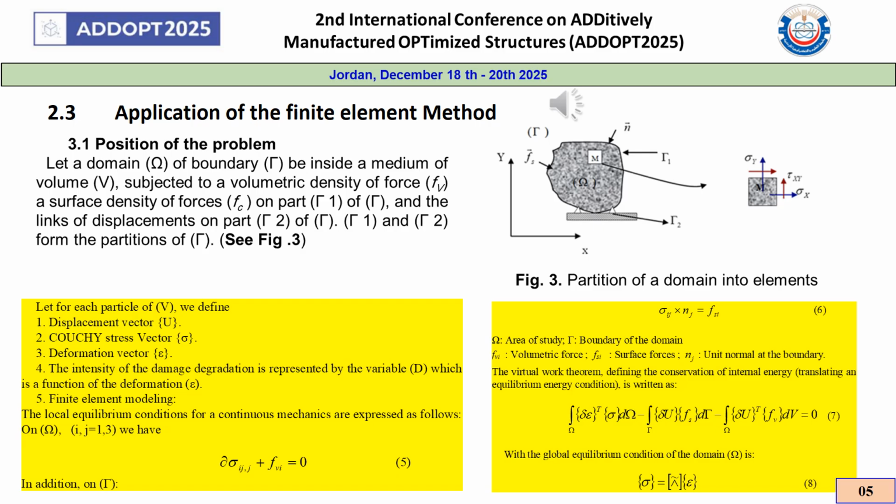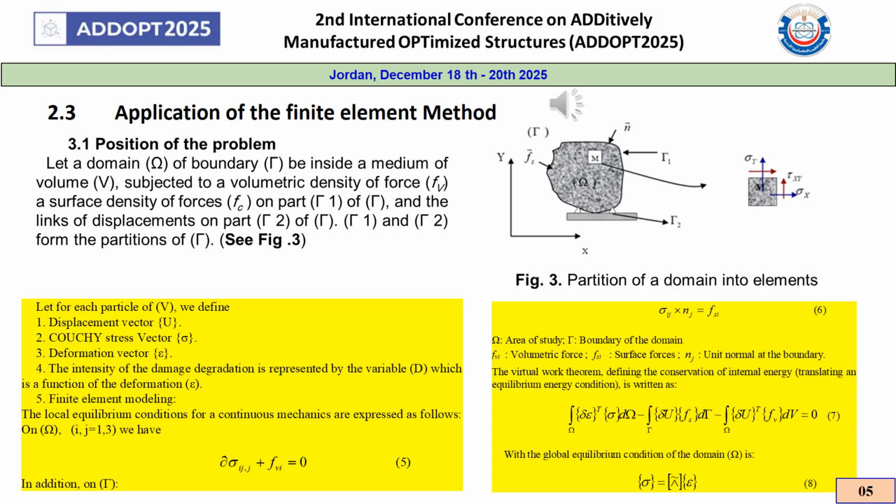In order to apply the finite element method, it is first necessary to perform a geometric discretization or meshing of the structural elements, see figure 3, taking into account the boundary conditions. To do this, we define the following for each elementary volume: a stress vector, a strain vector, and the intensity of the damage defined by the damage variable.